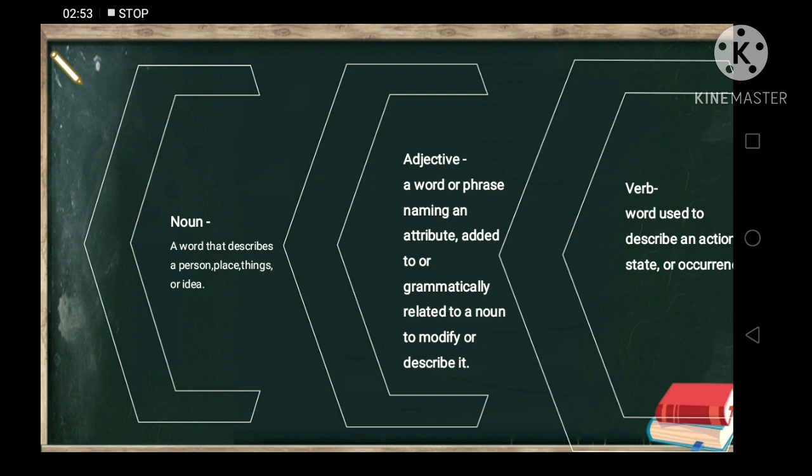Example, words like small, blue, and sharp are descriptive, and they are all examples of adjectives because these three words I have mentioned are descriptive, and that is the description of an adjective. It is a descriptive word.